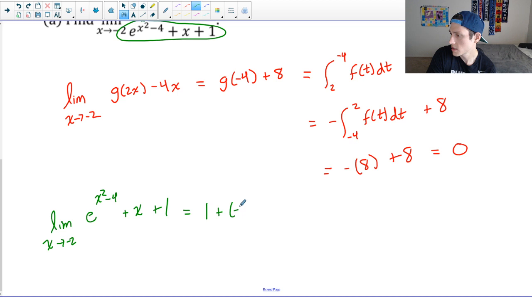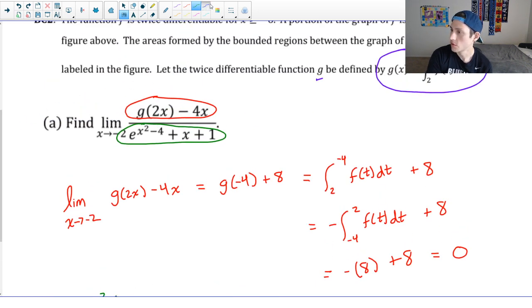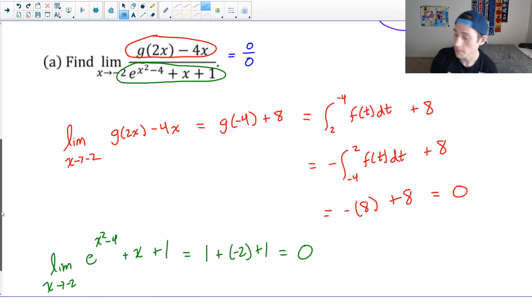So 1 plus -2 plus 1. Yep, that also equals 0. So overall, if I just evaluate this limit straight up, I get 0 over 0. Damn.